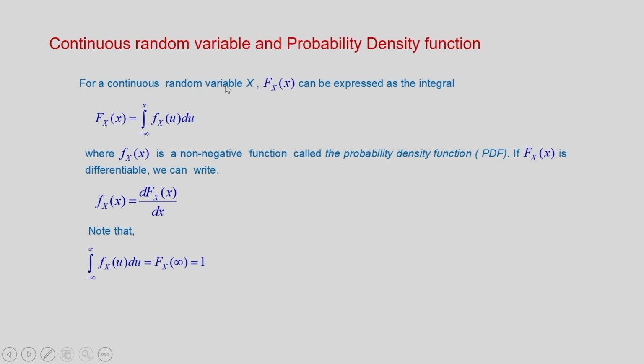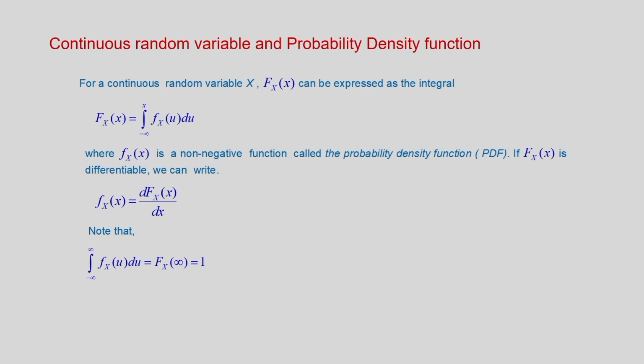For a continuous random variable x, the CDF F_X(x) can be expressed as an integral. This is the basic result: the CDF F_X(x) can be expressed as the integral from minus infinity to x of f_X(u) du.